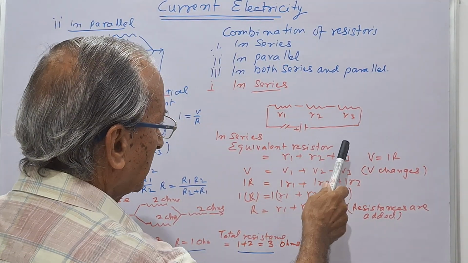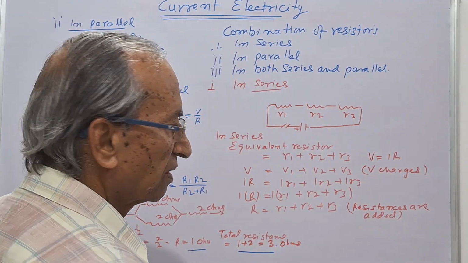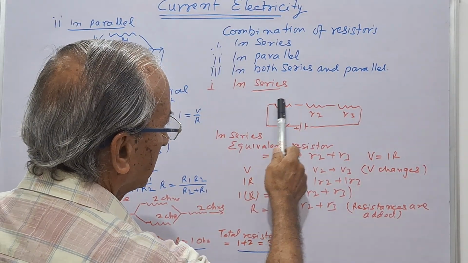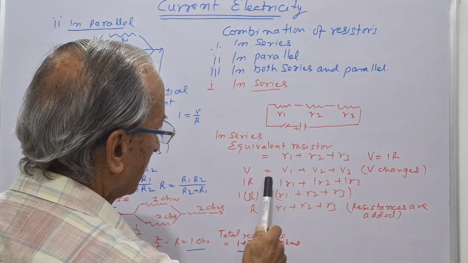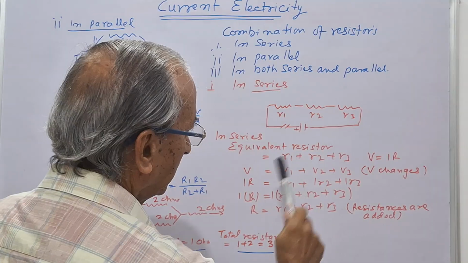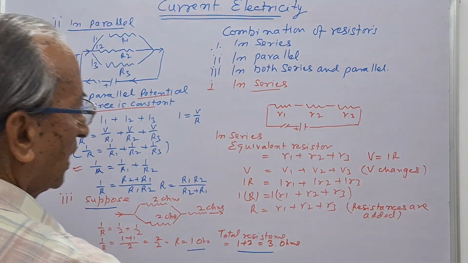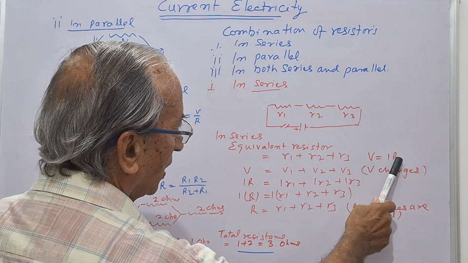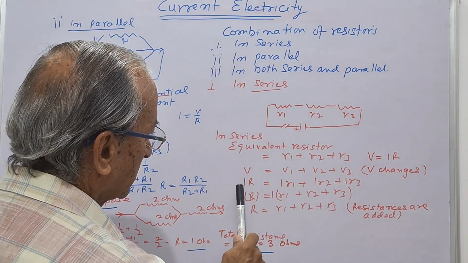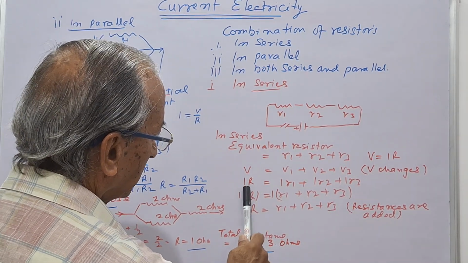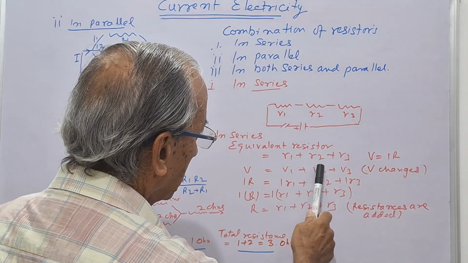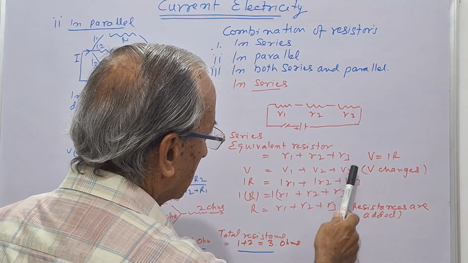And we know that in series the potential difference changes, so the total potential difference across the two ends is equal to V1, V2 and V3. You know V is equal to IR, so for the total current and resistance, IR is equal to IR1 plus IR2 plus IR3.